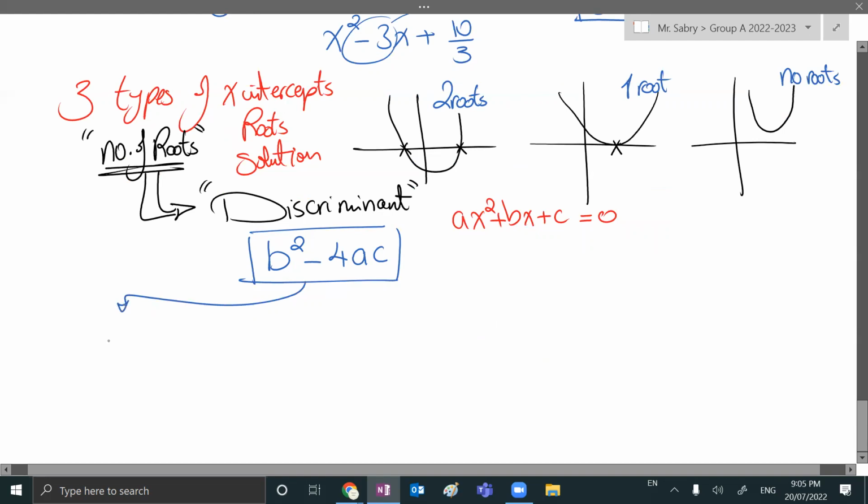If the result came out as a positive number, this means there are 2 roots to this function. If the result came out as a 0, this means there is only 1 root. If the result came out as a negative number, this means there are no roots here. So let's see an example for each.